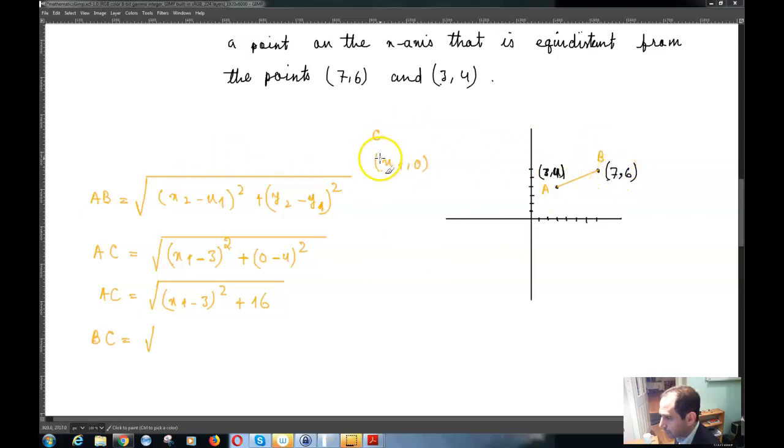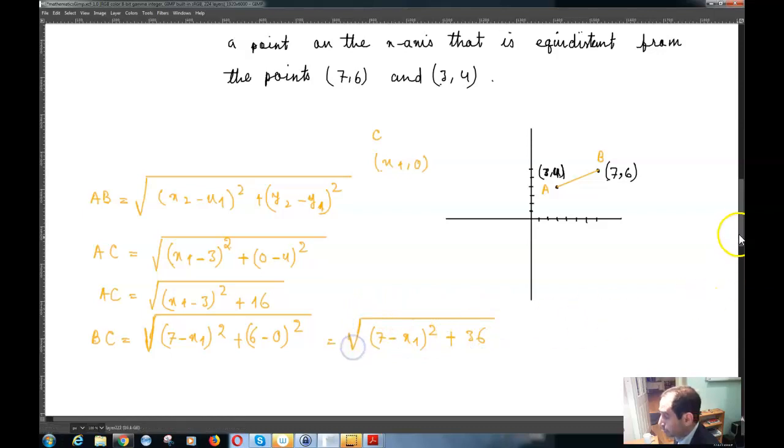So basically 7 minus x1 whole squared plus 6 minus 0 whole squared, and that is equal to 7 minus x1 whole squared plus 36.